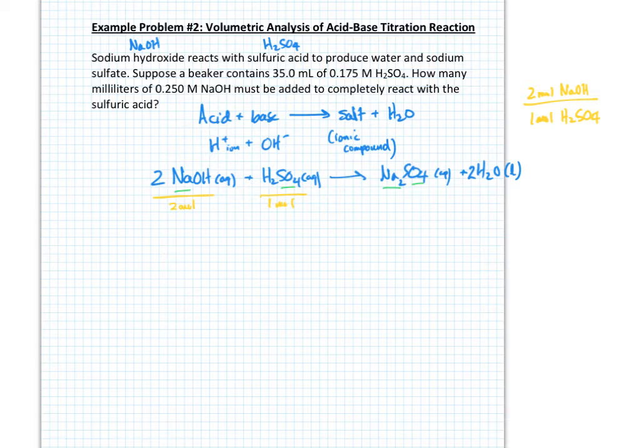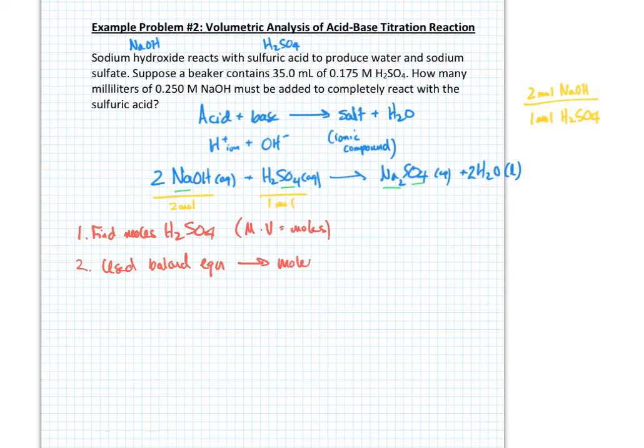So the general strategy is I want to find the number of moles of H2SO4. And remember, I can use molarity times volume equals moles. Then I'm going to use the balanced equation to convert to moles of NaOH.